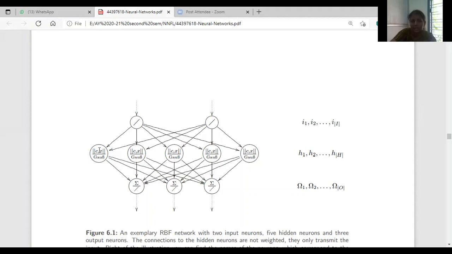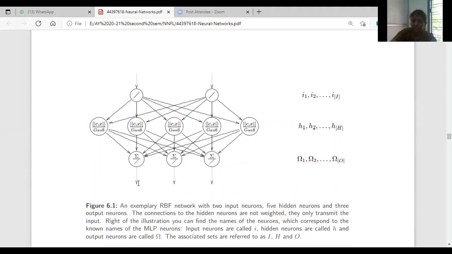There you can see norm of C comma X, Gaussian. The activation function you are using is Gaussian, and your output is the weighted sum of the information received from all the RBF neurons.